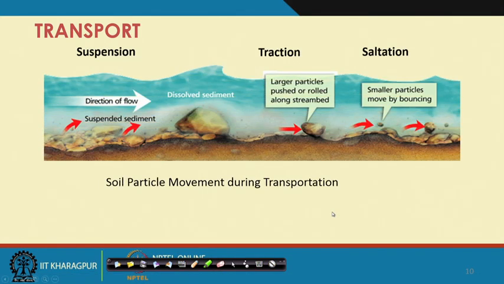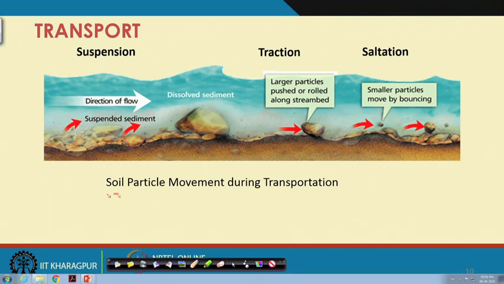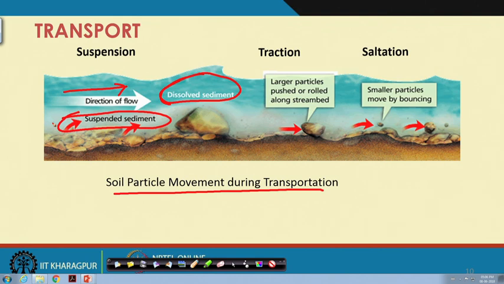Now, if we look at soil particle movement during transportation, if this is a water body and this is the direction of flow, then on top of the surface there will be some dissolved sediment particles that will be floating, and of course, some particles will be suspended. So, a major phenomenon that occurs is suspension. Then the smaller soil particles move by bouncing; they bounce, are taken away in the water, and then fall back.